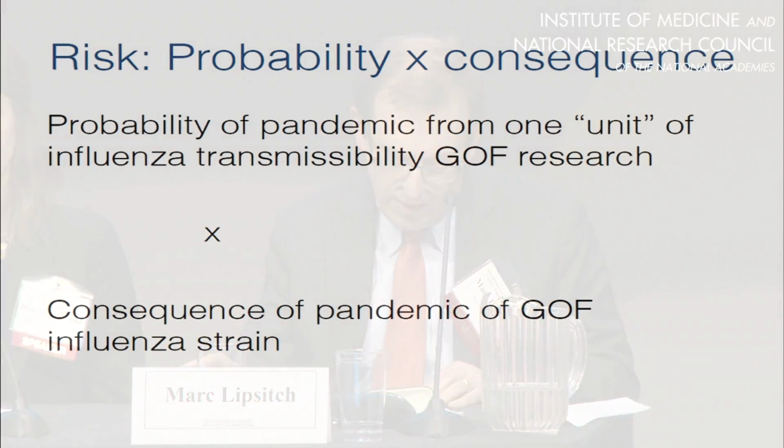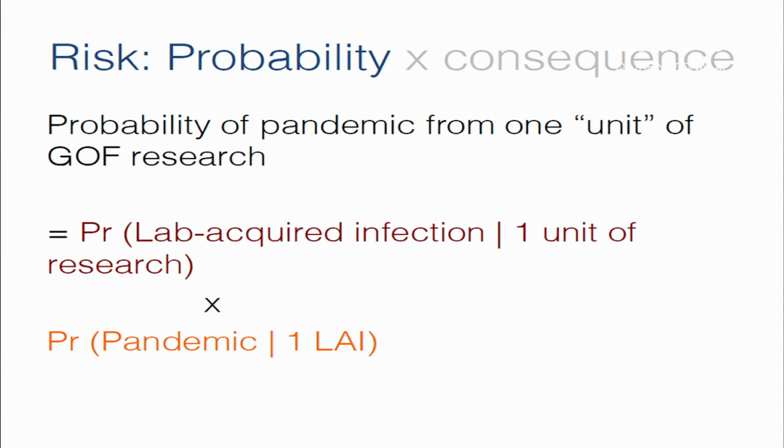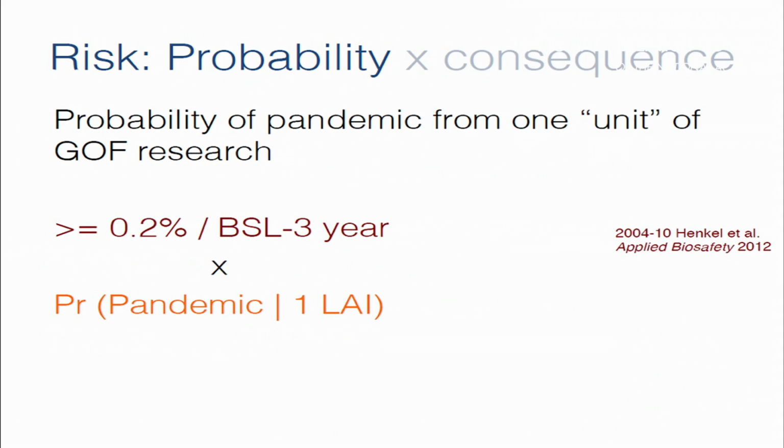In public health, as in other fields, we quantify risk as probability times consequence, creating an expected value of the risk. Here, the pandemic aspect of the risk is quantified as the probability that a pandemic occurs from each unit of experimentation times the impact of a pandemic. We can split up the probability into the probability of a lab-acquired infection per unit of research times the probability that a single lab-acquired infection leads to a pandemic. The first figure, as we have seen, is at least 0.2% per laboratory year in BSL-3.